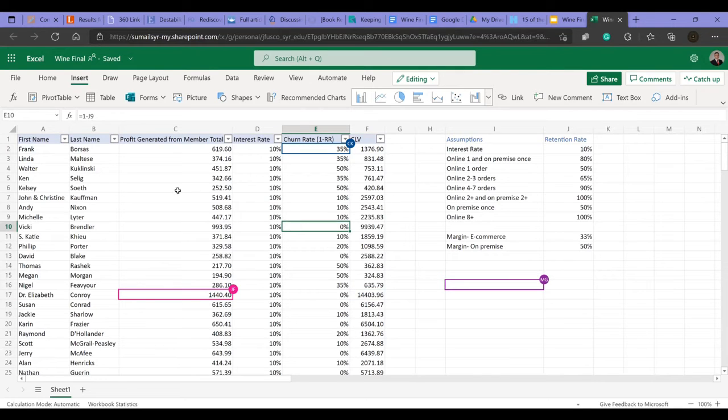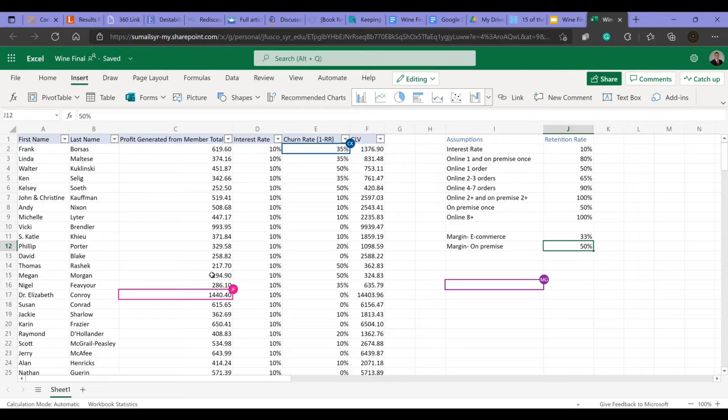With all the coding we did, this is how we were able to generate each person's profit total on-premise and online. The margins online were 33%, and the margins for on-premise were 50%. If someone had on-premise and e-commerce, we totaled their e-commerce, multiplied it by 33%, and then added the on-premise and multiplied that by 50%.